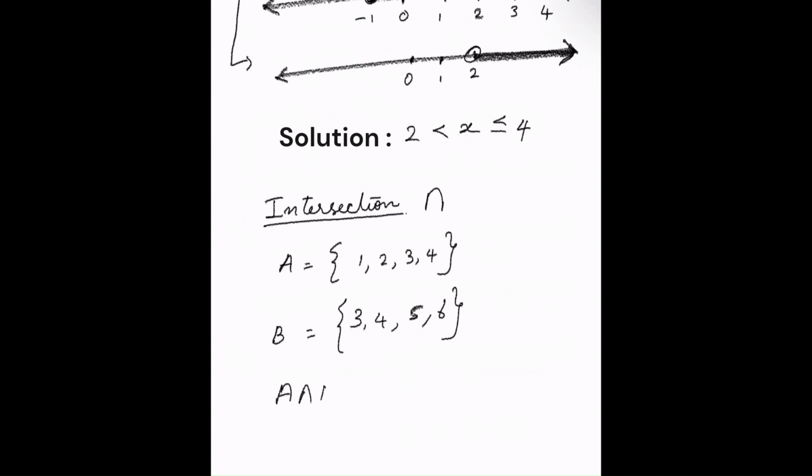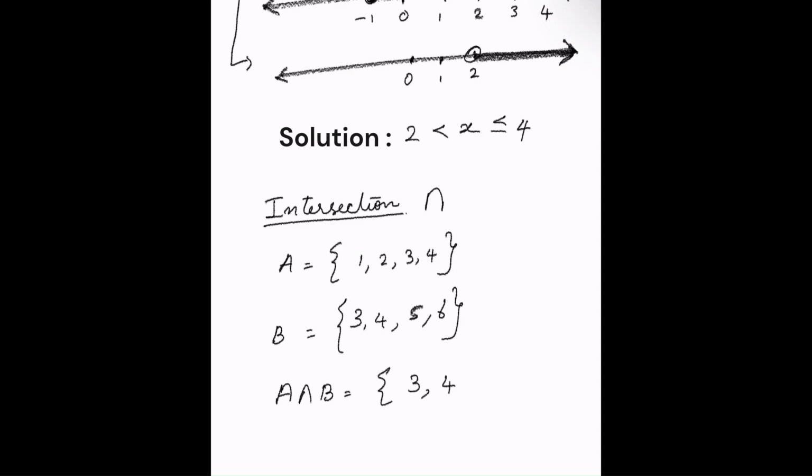Now, A ∩ B means the elements that are common in both the sets. Which elements are present in A and in B? 3 and 4, that's all.